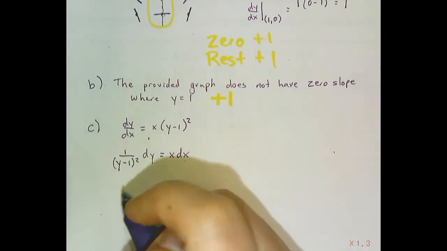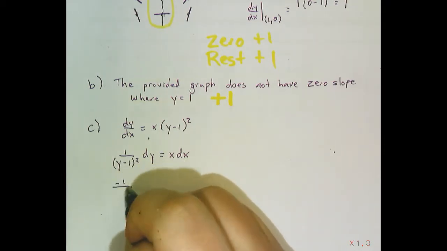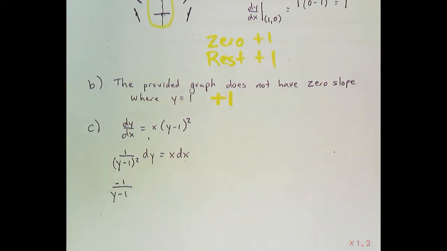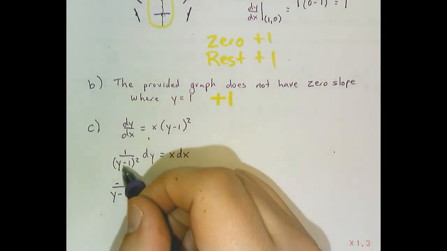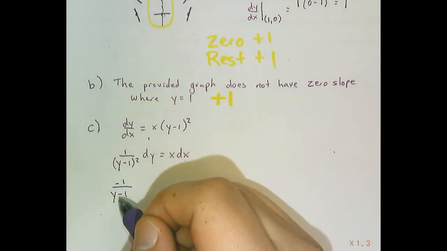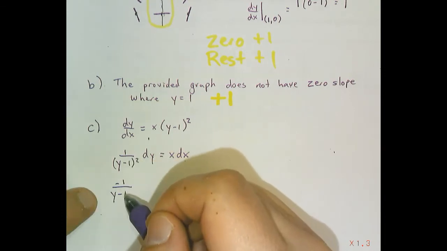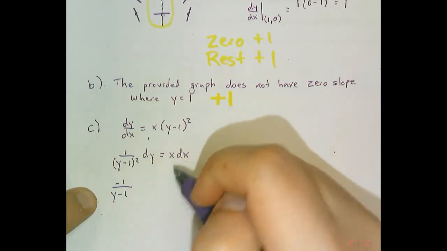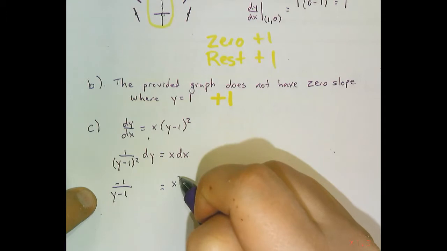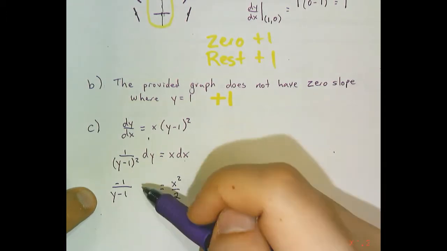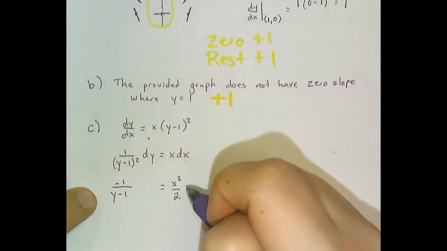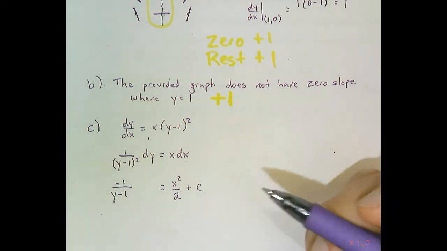The antiderivative of the left will give us negative 1 over y minus 1. This is kind of like saying 1 over u squared. We use u substitution to find that antiderivative. The antiderivative of x is x squared over 2. And there's a constant on both sides, which I merge onto the right-hand side.